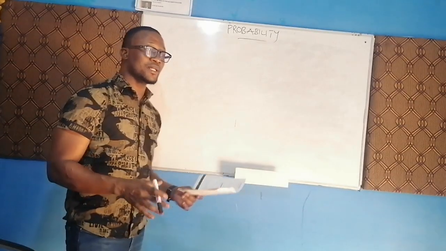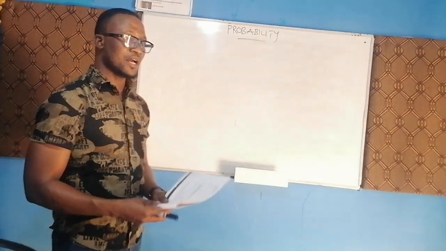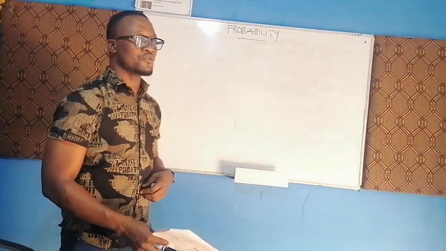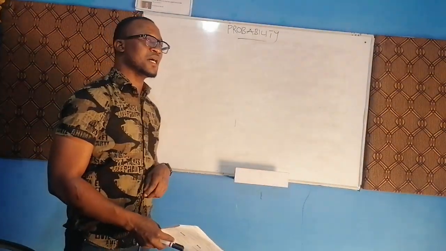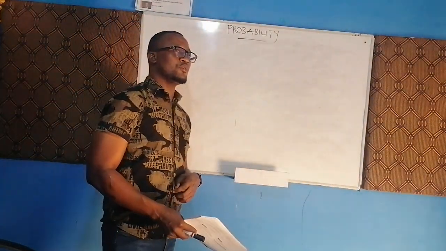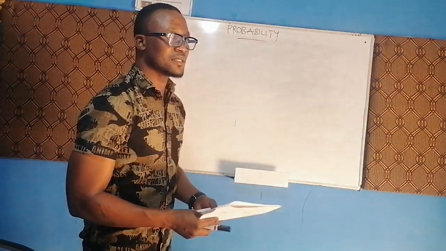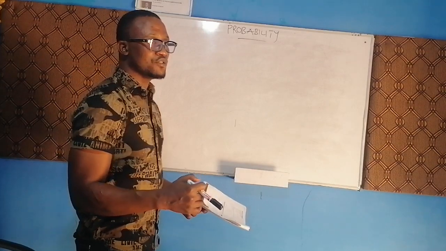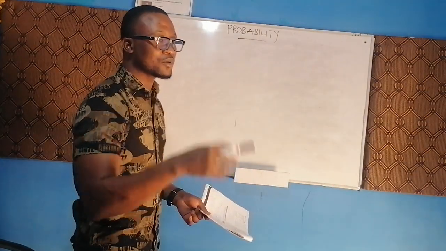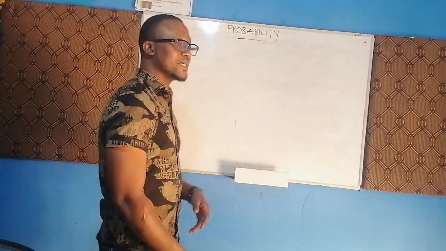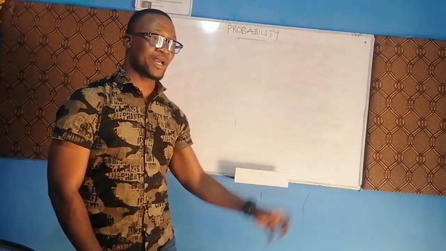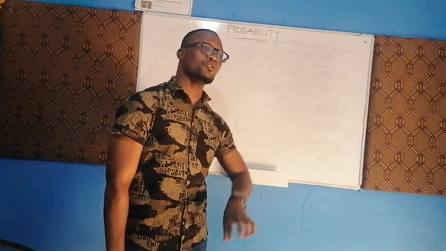Just like we know, probability has to do with events. We are looking at chances that something could happen or occur. So, for instance, you have a set of numbers, and you want to find out the chances that you are going to get, let's say, 1 to 5. Assuming you've kept them in an enclosed bucket and you want to pick one randomly, you want to find the probability of picking 2.